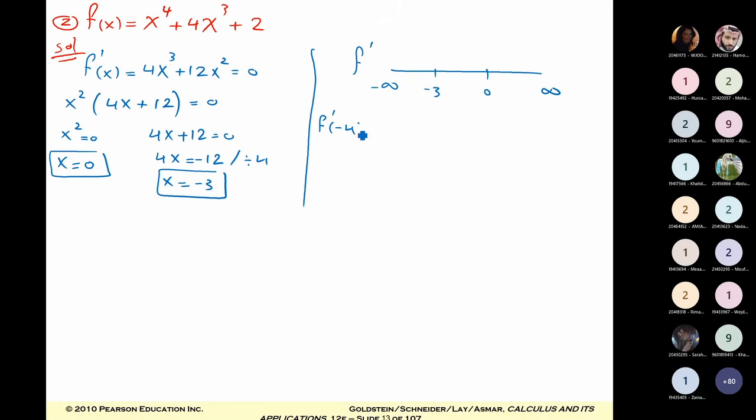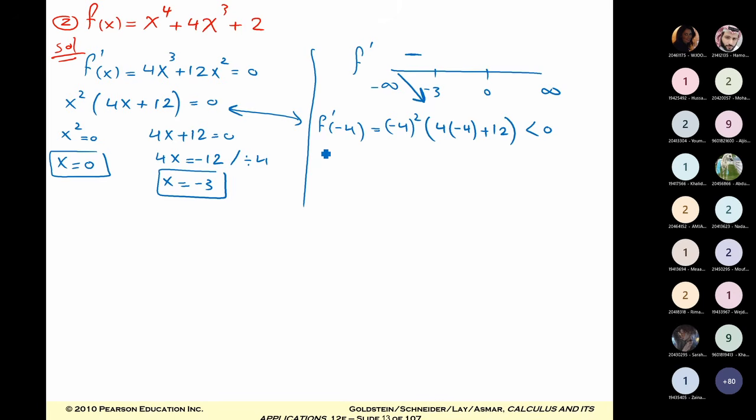Negative 4 squared and 4 multiply negative 4 plus 12. Is this positive or negative? Negative 4 squared is positive, but negative 16 plus 12 is negative. So positive multiply negative is negative.